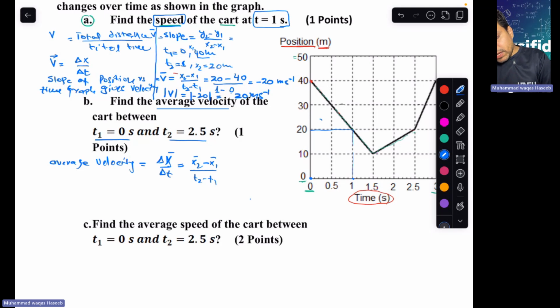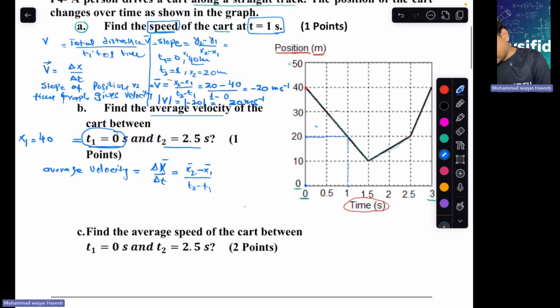We are asked to calculate with t1 equal to 0. At t1 equals 0, your position is 40. So your x1 is 40. And what is t2? It is 2.5.